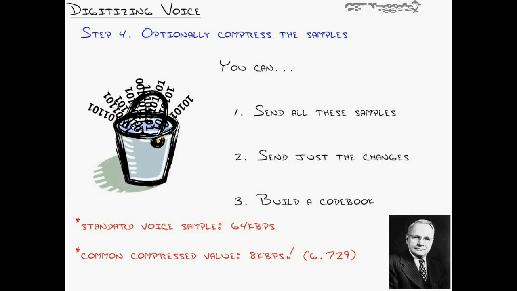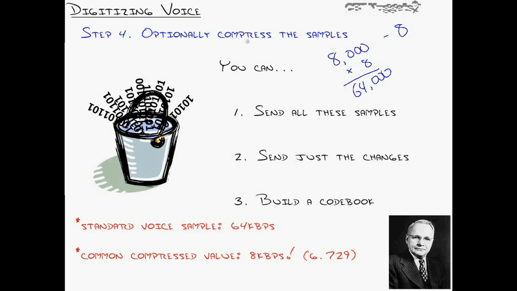Think about this, I love this part right here. You figure 8,000 samples every single second, right? How many bits are in each sample? 8. Each sample is turned into an 8-bit binary number. So if we take 8,000 samples times 8 bits per sample, we end up with 64,000.